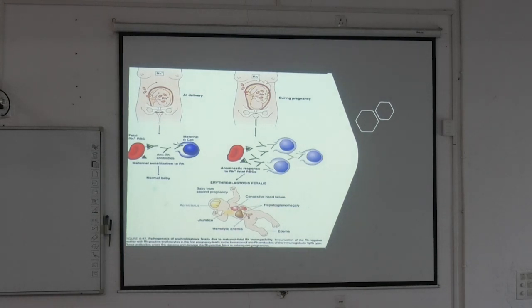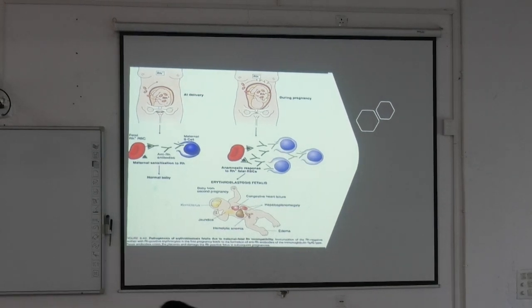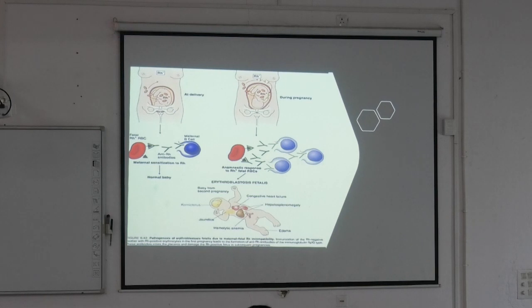So this is the mechanism of erythroblastosis fetalis. Very unfortunate incident: a mother produces antibodies against her own fetal antigen. So maternal sensitization of Rh positive.